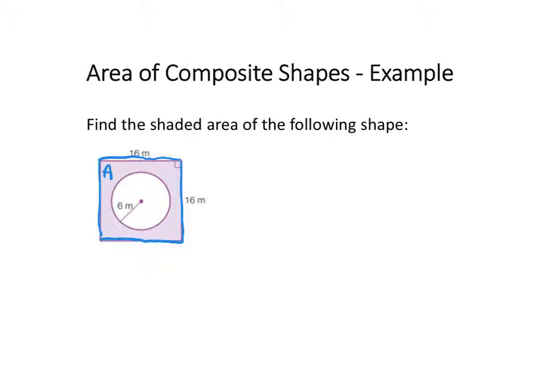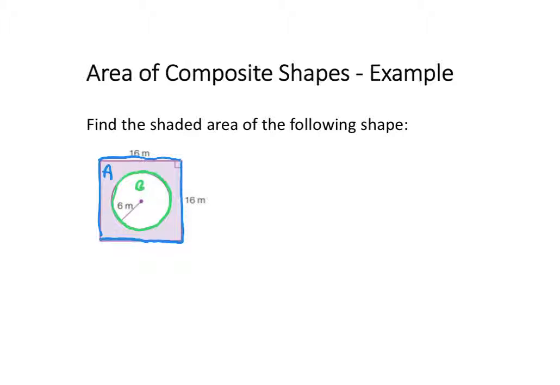Shape B this time is going to be the circle around the inside of our shaded area. So I've completed step 1 by identifying my 2 definite shapes. Now I want to move on to step 2 and calculate the area of both of those.